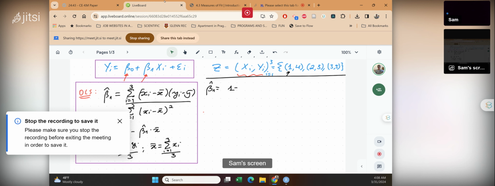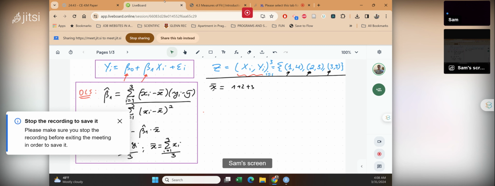I forgot to do it here. You know that x bar is going to be equal to the average, so you have 1 plus 2 plus 3. These are the x values. Remember, in these tuples, the first value stands for the value of x and the second value stands for the value of y.